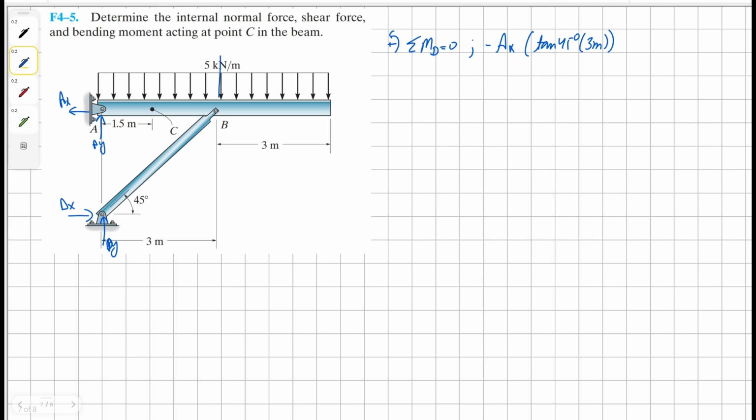And plus we have our point load converted from the distributed load here, and it is going to be 30 kilonewton. And it is acting clockwise, so it's going to be negative, and AX is positive because it's counterclockwise. And it's 3 meters away from D, all equals to 0. Solving for AX, we get a solution as 30 kilonewton.